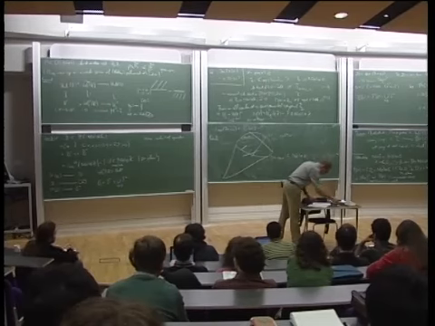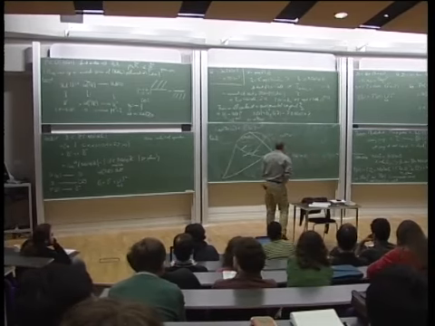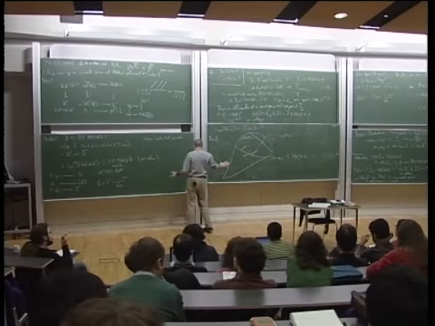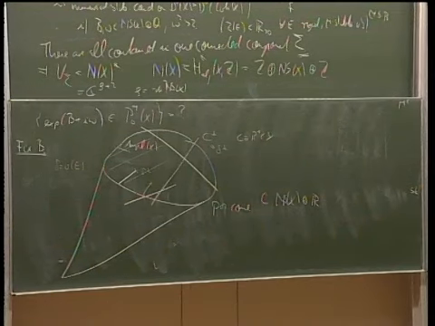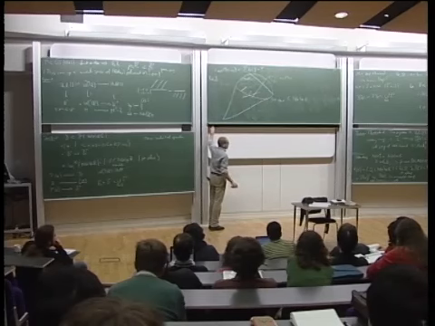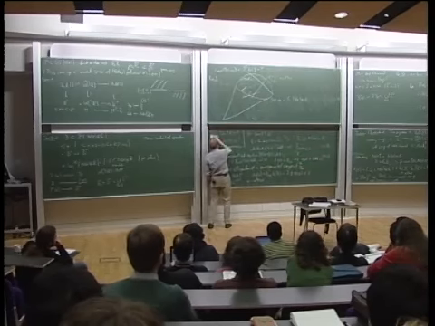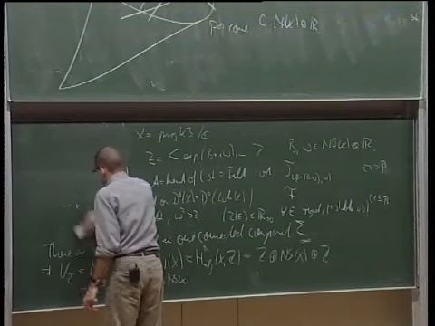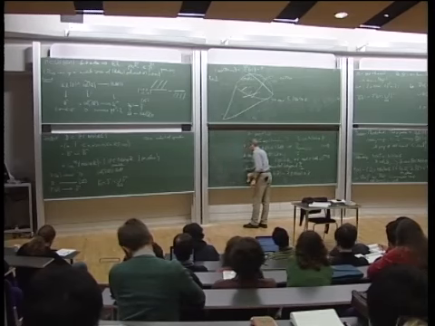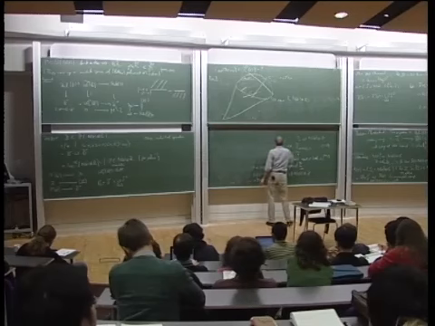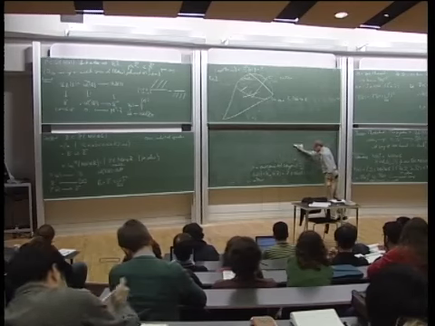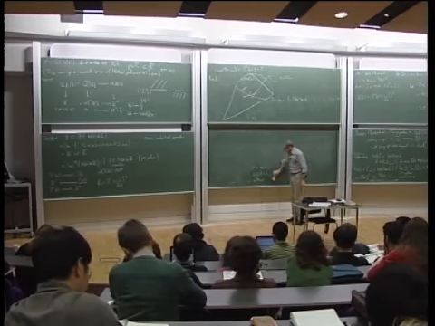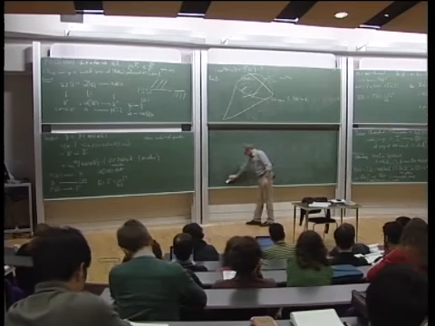Okay, now, so let's suppose we understand now what the image is. Now I turn to the fibers. So this theorem is still there. I have to describe this thing.